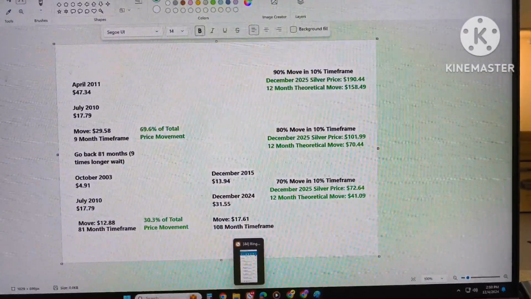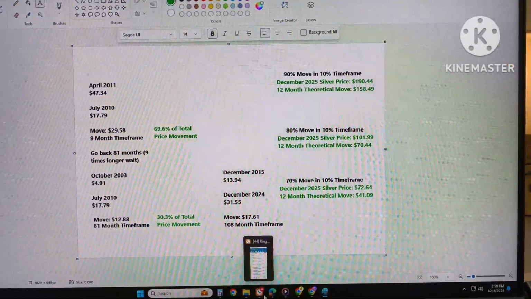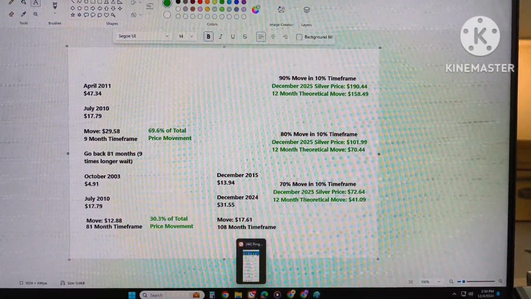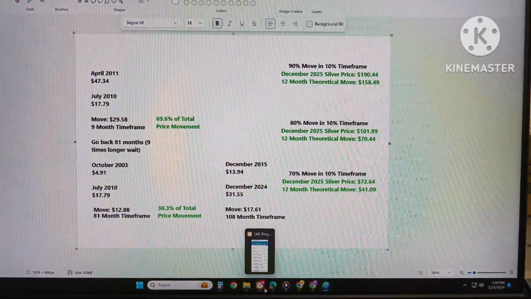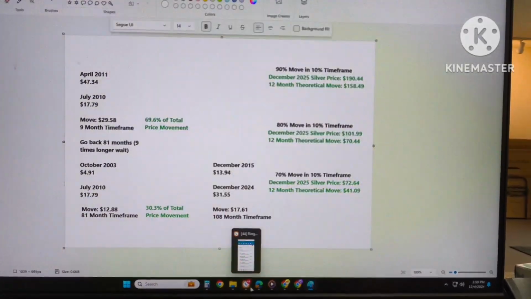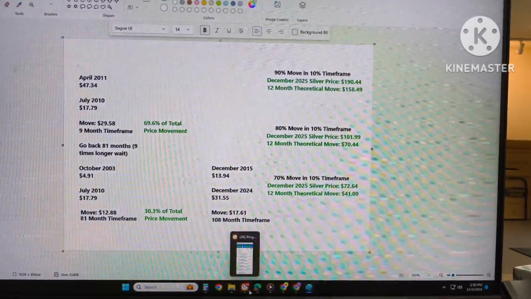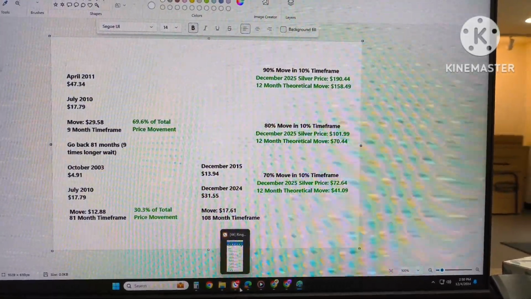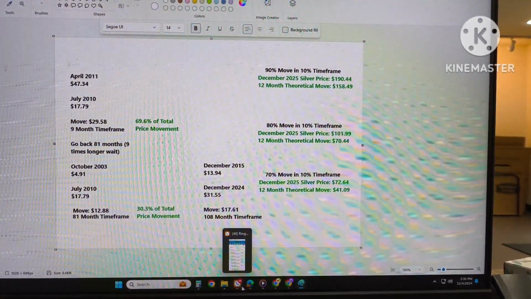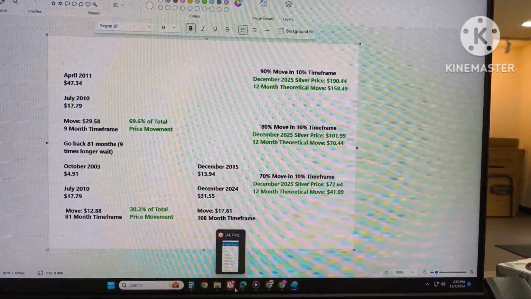So these numbers really got me interested and make me want to go back to the 1980 high and look at that run up and see if that's the actual bull market, the actual run up that David Morgan was talking about that experienced the 90-10.